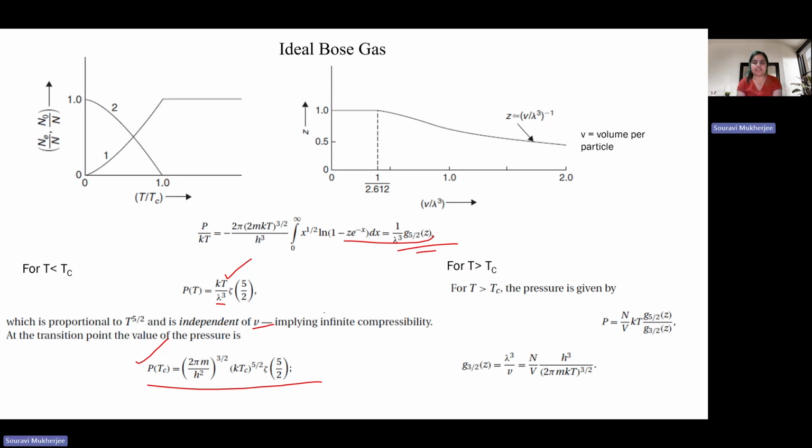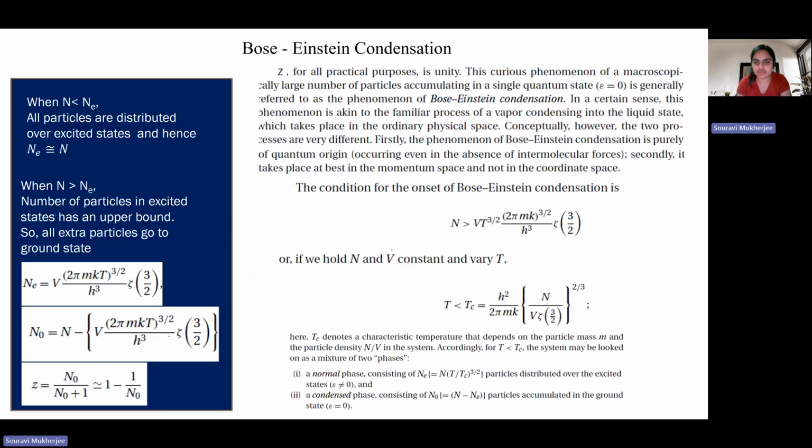For T greater than Tc. Now what happens as you go to higher temperatures, T greater than Tc? This is your basic relation, right? P by KT is G 5 by 2 Z by lambda cube. So you can replace lambda cube in terms of G. How do you do it? You can use this relation.